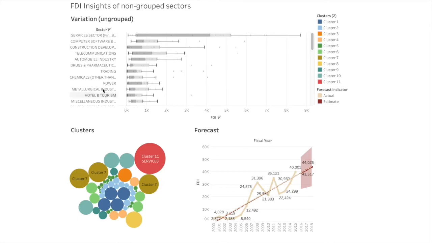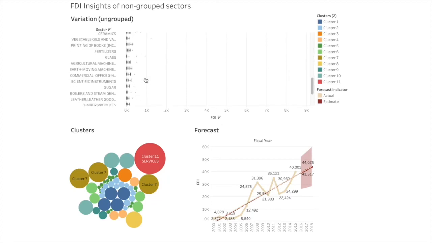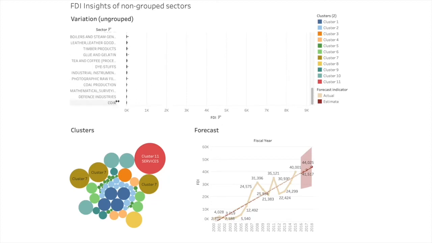These are the ungrouped ones, and this box and whisker plot shows us the various variabilities that were recorded. The services sector had the most variability, and then all the way down to core, this particular sector, which has the least variability.